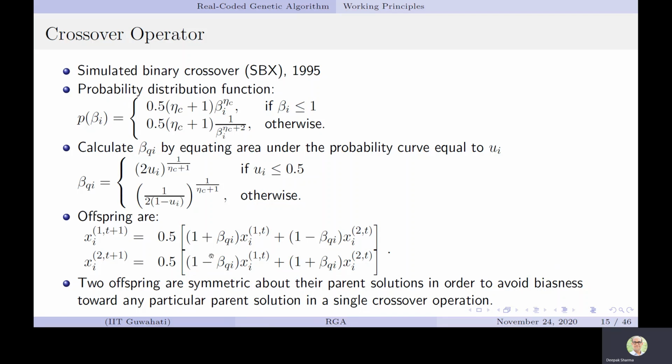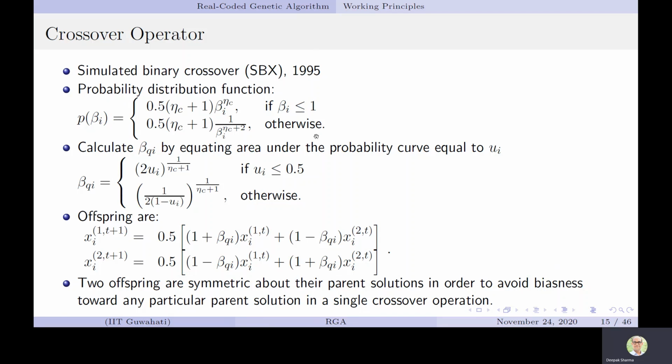You just see the change only in plus and minus: 0.5 times [(1 minus beta) x_i^(1,t) plus (1 plus beta) x_i^(2,t)]. These two offspring solutions are symmetric about the parent solutions, in order to avoid bias toward any particular parent solution in a single crossover operation. So this is the property of this crossover operator.